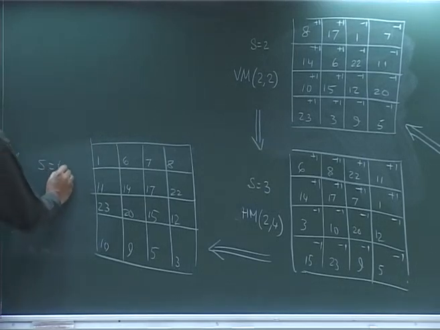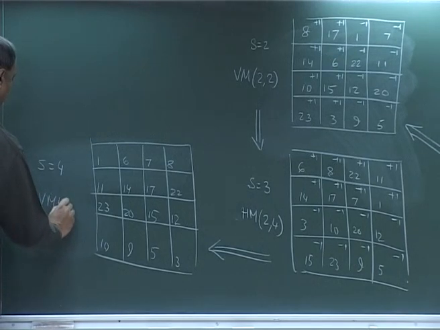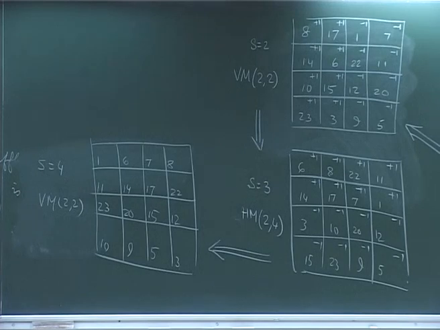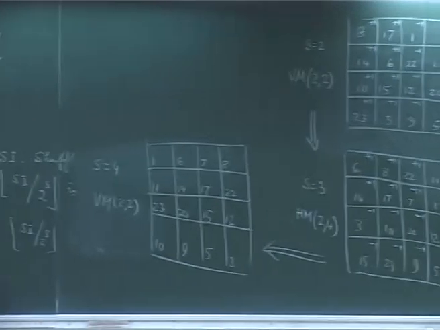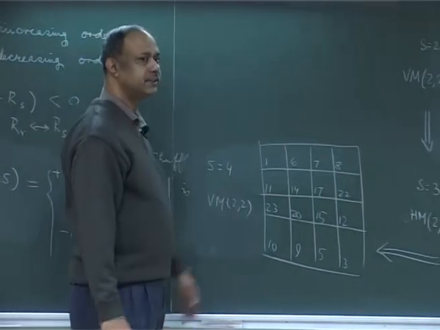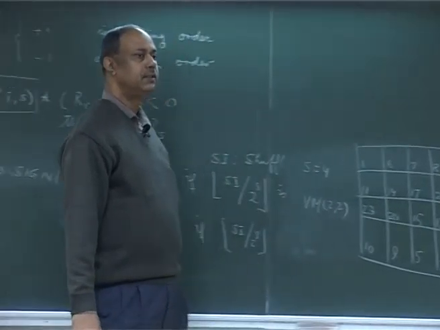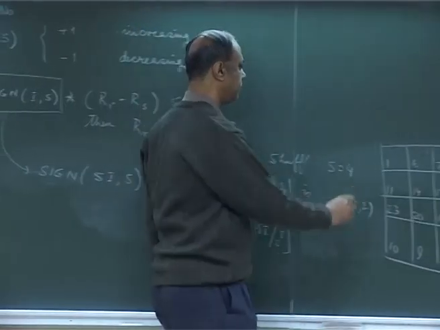Now, you have S equals to 4 and you will be doing vertical merge 2 comma 2. So, basically 2 to the power S is 16 and all the first 16 processors will have 0. So, it will be plus 1.